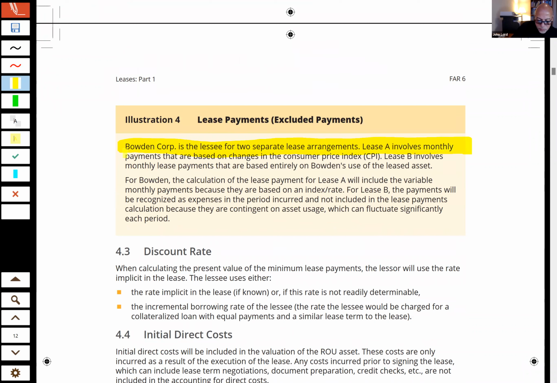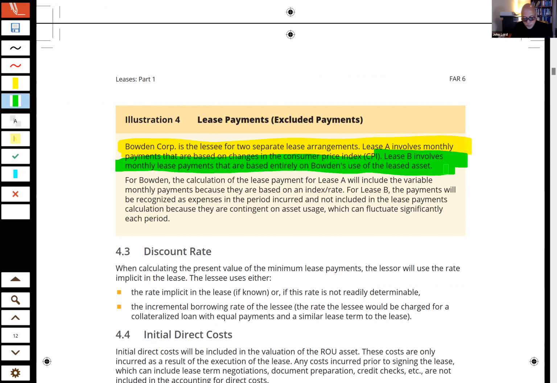Lease A involves monthly payments that are based on changes in the consumer price index. Lease B involves monthly lease payments that are based entirely on Bowdoin's use of the leased asset. Okay, so for Bowdoin, the calculation of lease payments for lease A will include the variable monthly payments because they are based on an index rate.